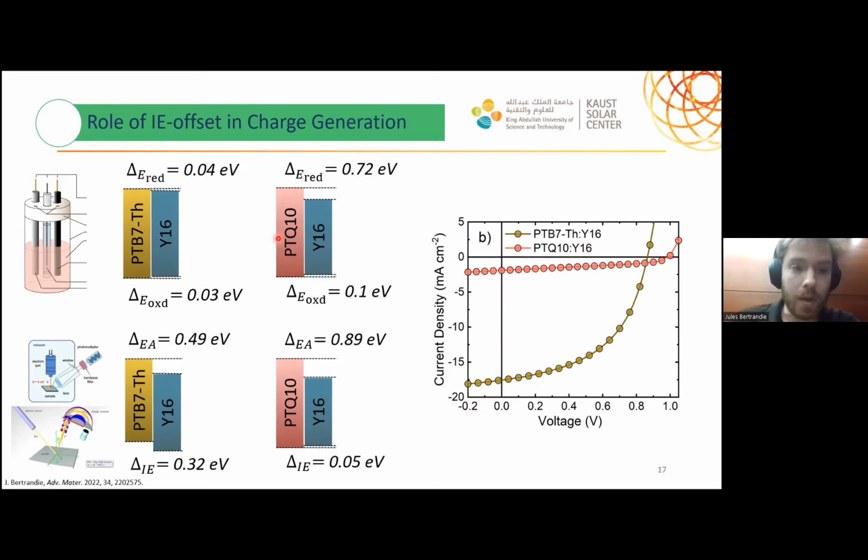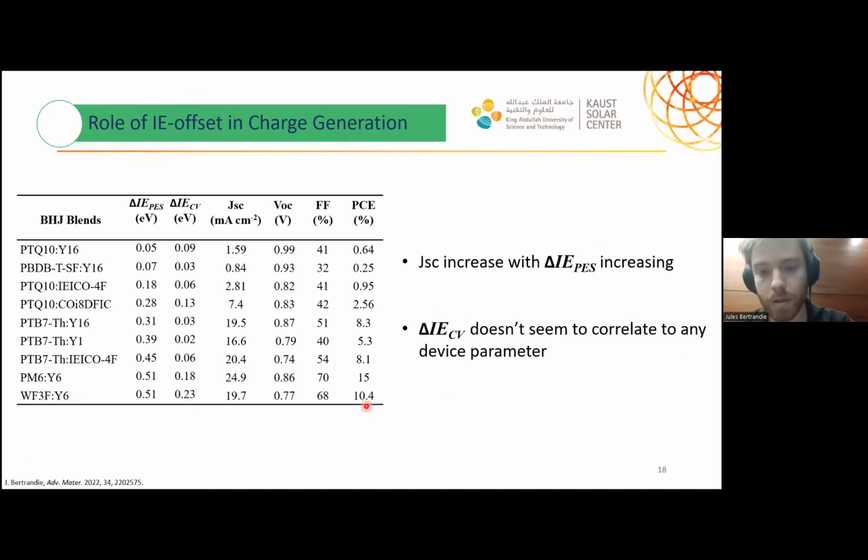And we couldn't predict this trend with the CV, because with the CV we had a low offset for both. In the case of the PES, we see that if you have an offset, you have a better charge generation compared to the one that has a low offset.